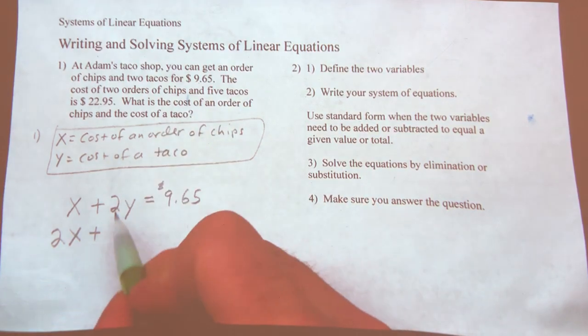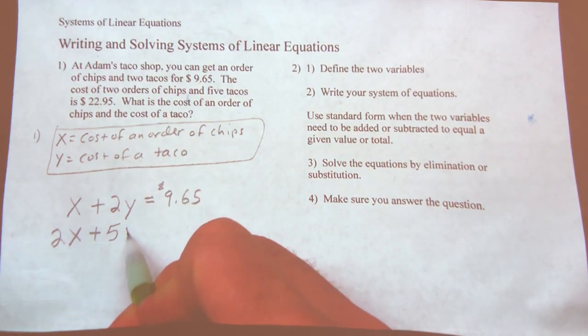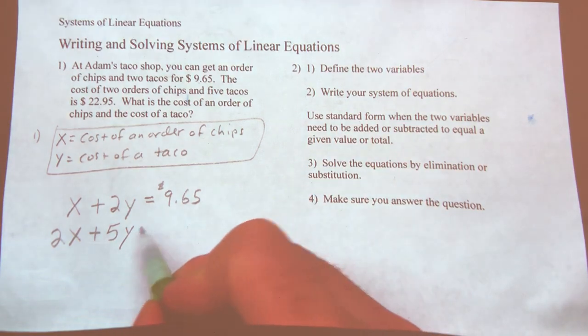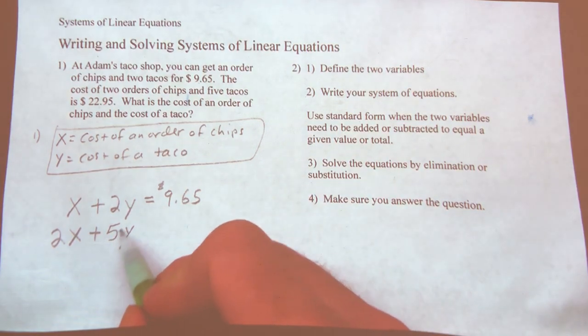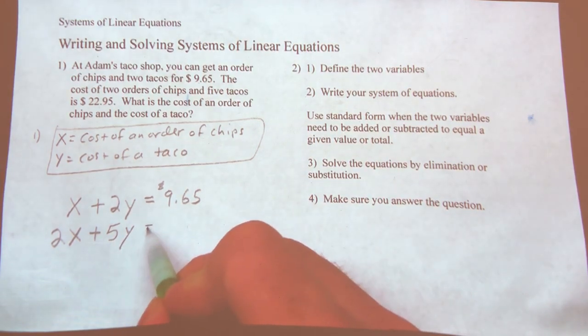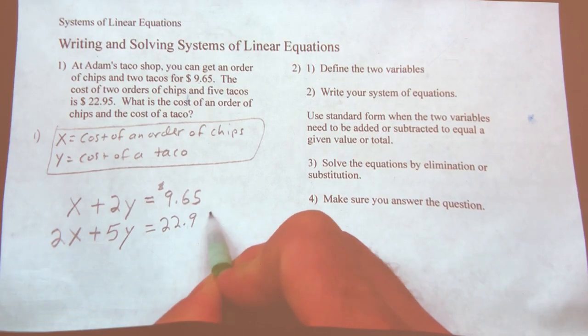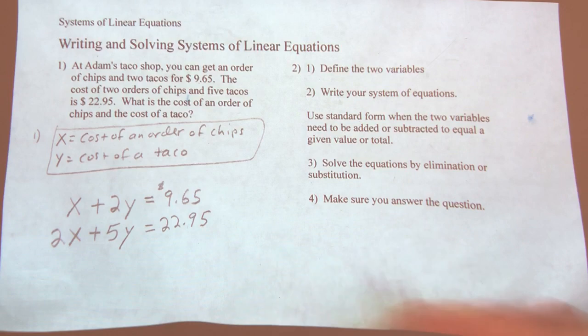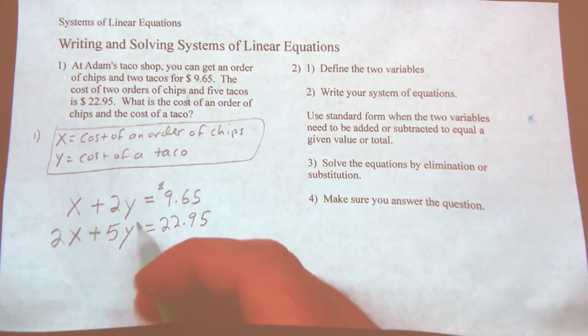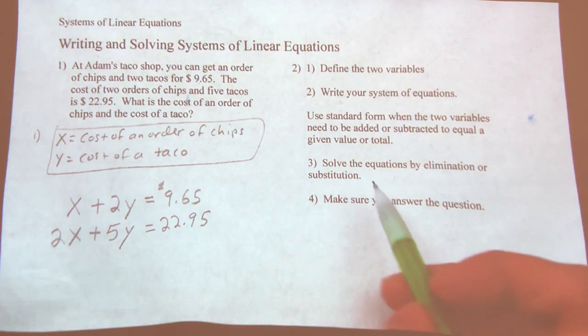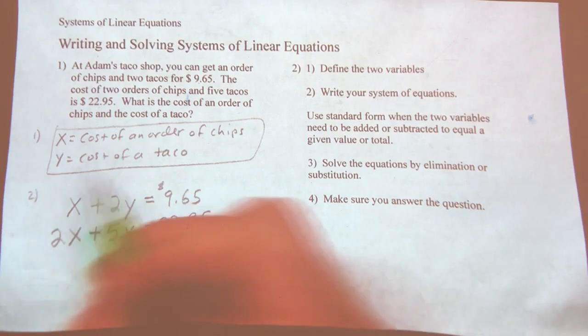And 5 tacos would be 5y, the cost of 5 tacos, so 5 times the cost of 1 taco. And that would add up to $22.95. So then we have the system of equations. That was step 2, writing the equations.